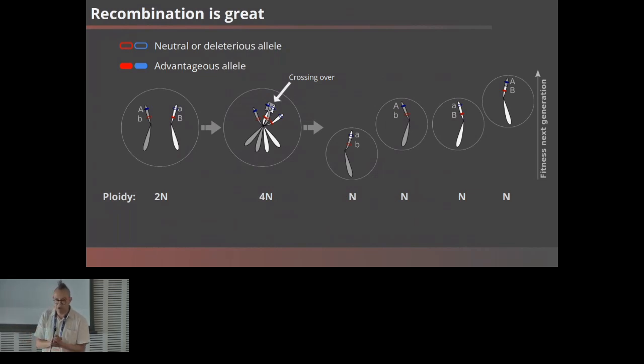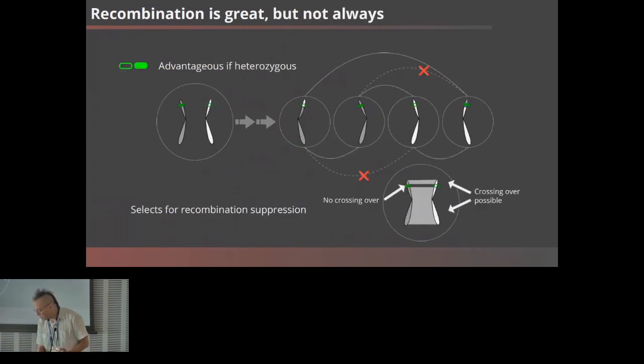But sometimes recombination is selected against, when a locus needs to be in a permanent heterozygous state. Then selection will act to prevent recombination, so that recombinants are less fit than non-recombinants.